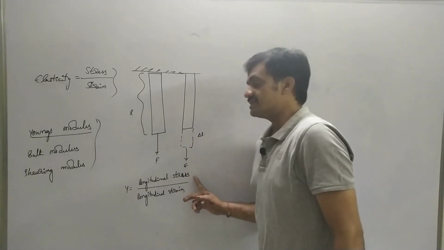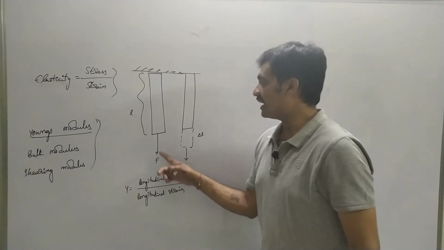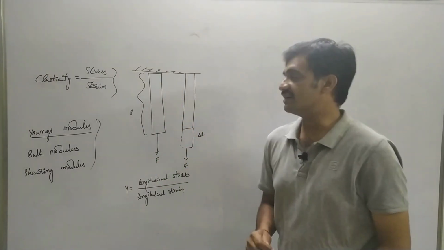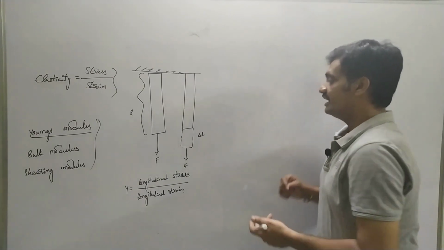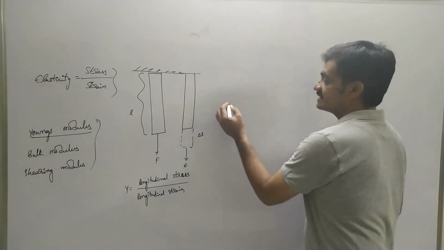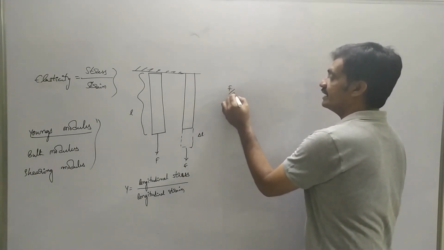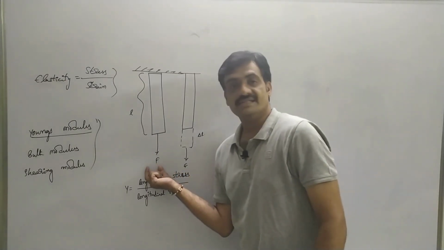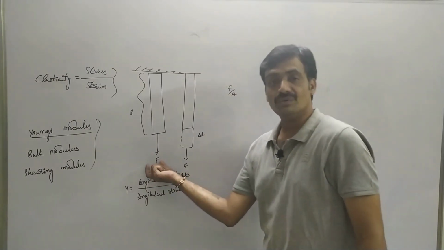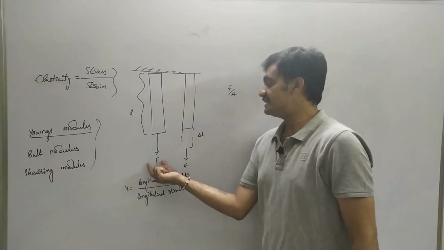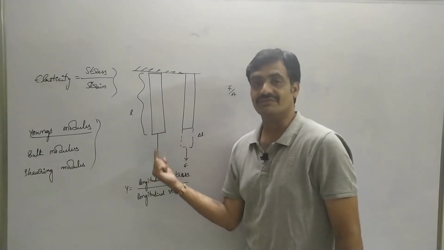Where longitudinal stress is nothing but force applied per unit area of cross section of the wire, and we represent this stress as F by A. Here the force applied is a deforming force, and we know that deforming force is equal to restoring force.